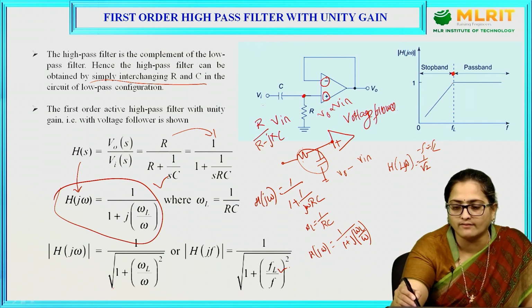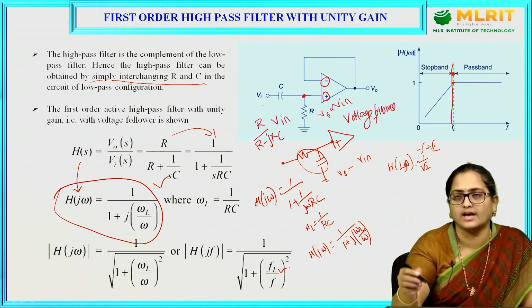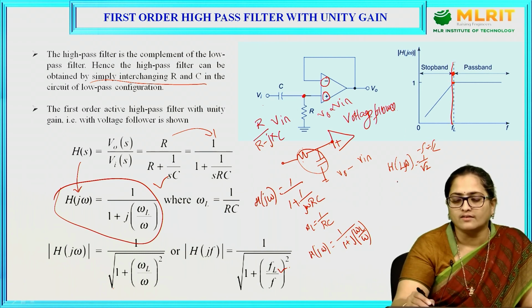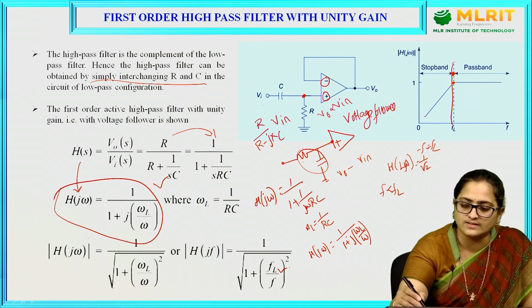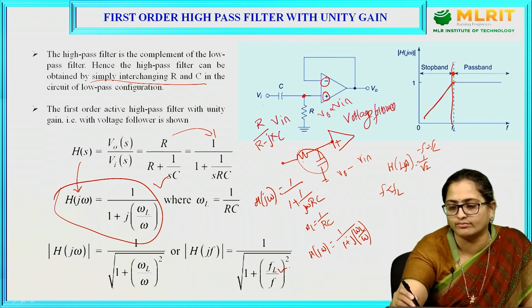That is, you will have a 3 dB gain across f equals FL. When f is less than FL, you will have approximately 0 at the starting point, and it linearly increases up to the cutoff frequency.